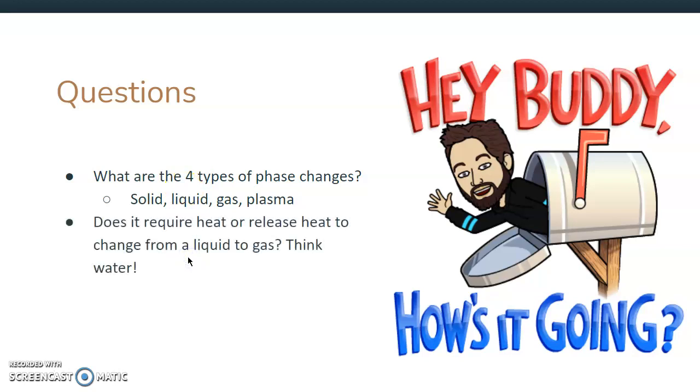And then, does it require heat or release heat to change from a liquid to a gas? So if we have water, for example, do we need to put in heat to take it from liquid water to gas, or does it release heat? And of course, it requires heat.